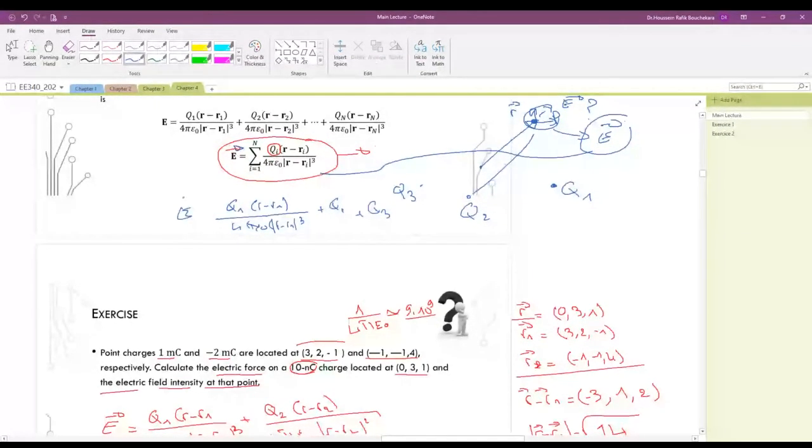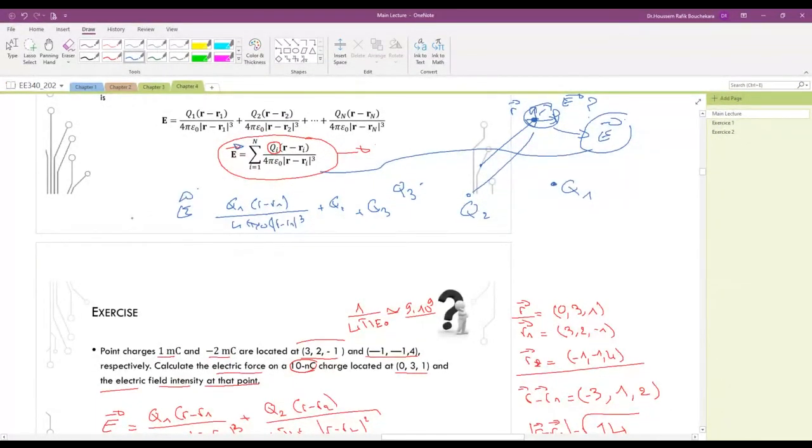This is the electric field created by the three charges Q1, Q2 and Q3 at the point P. Clear?